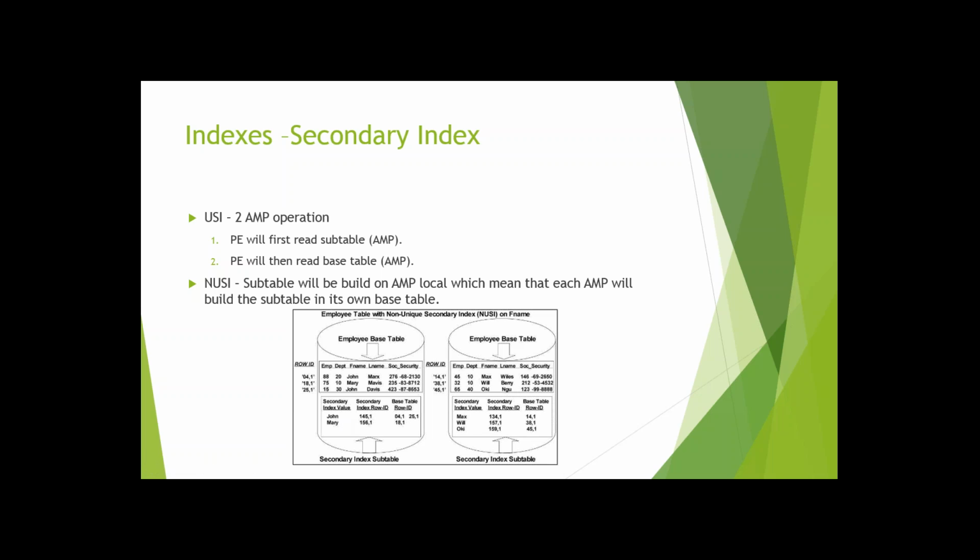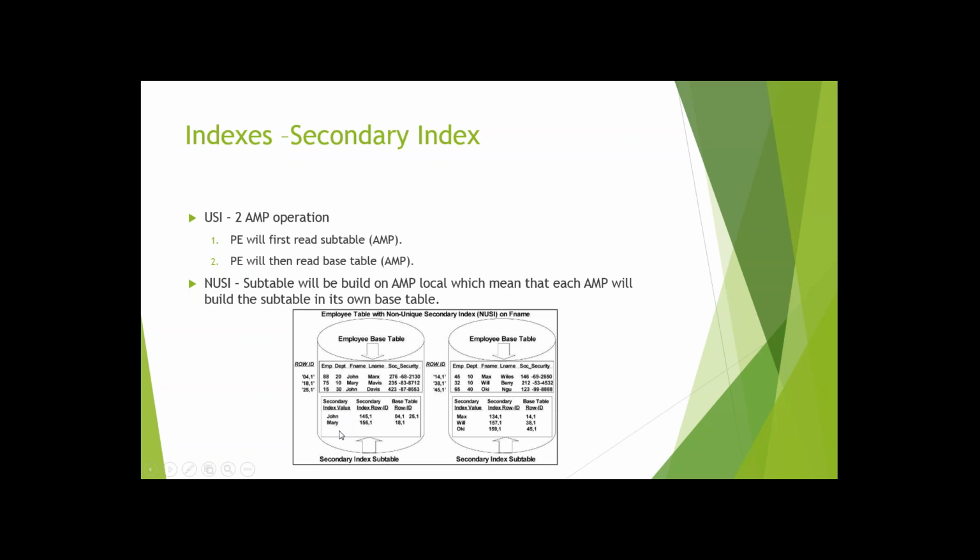In this example, it will be stored in at least 1 AMP, at most 2 AMPs, correct? These both can be pointed to 1 AMP, these both can be pointed to 2 AMPs.